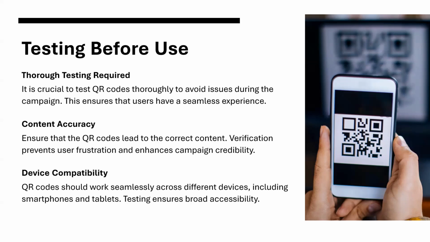I've seen too often where individuals have actually just made simple typing errors when they put the domain or the tracking URL into the process creating those codes. It's just simple user error. So make sure you test it before you send it out there. Make sure the content and where it's going to is accurate. Verification prevents user frustration and enhances your credibility.